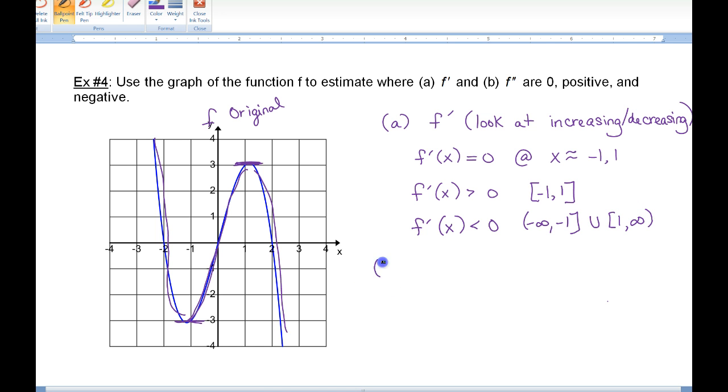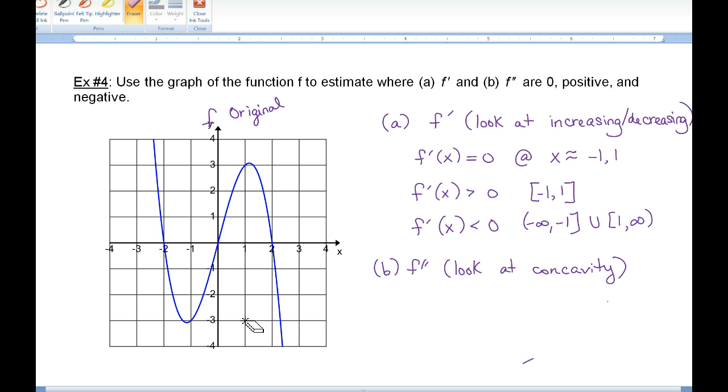And then for part B, now we want to consider f double prime. So remember, when we're looking at the original graph, we're going to look at the concavity, where it's concave up and concave down.